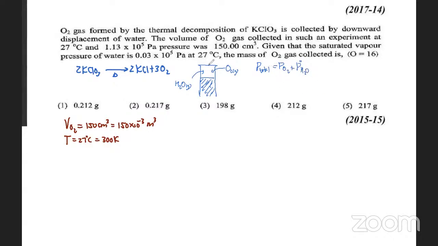So total pressure is the pressure they have measured, that is 1.13 into 10 to the power 5 Pascal, and partial pressure of oxygen we don't know, and saturated vapor pressure of water is 0.03 into 10 to the power 5.